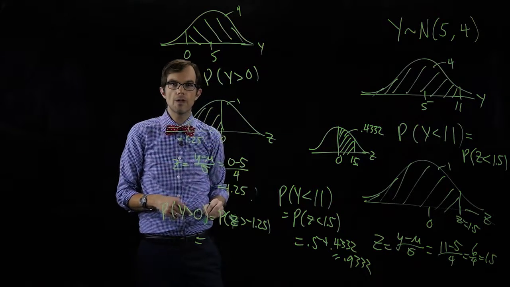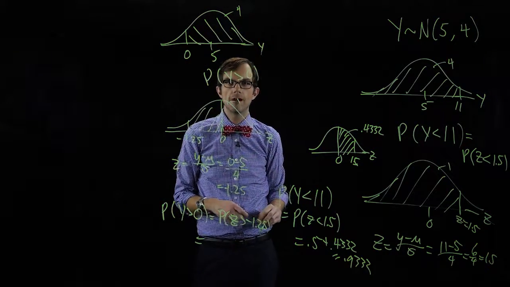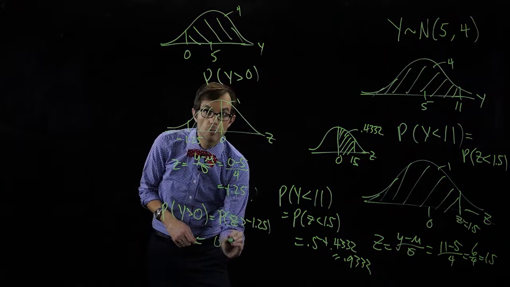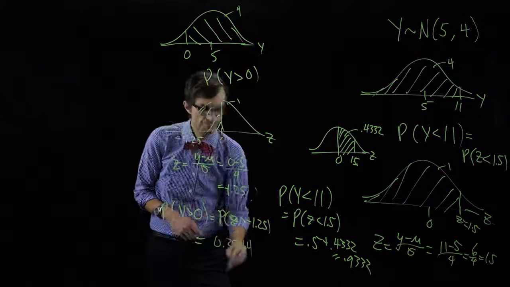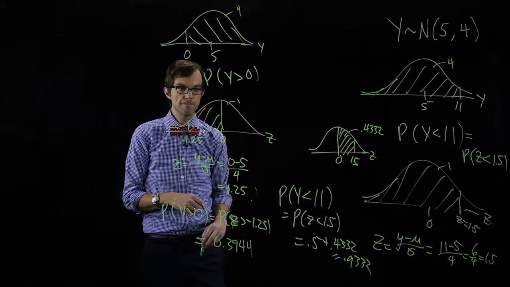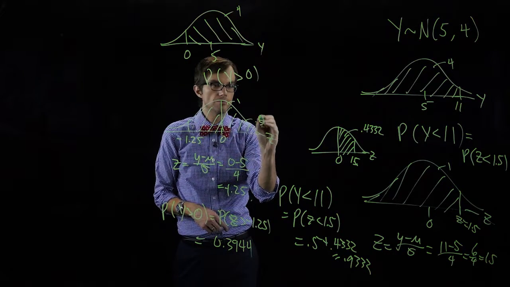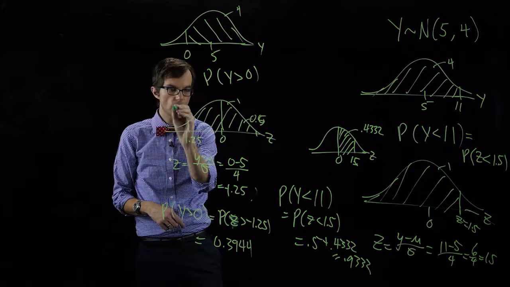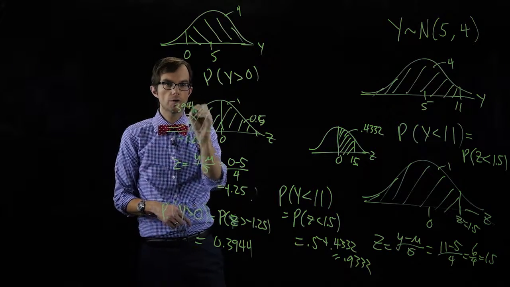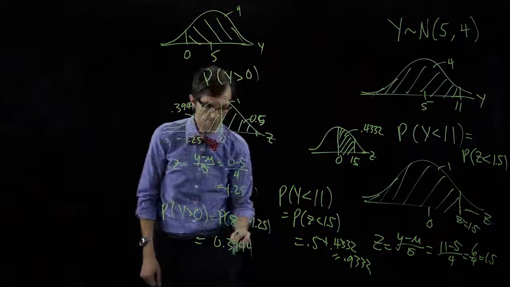If we go look that up, this area right here, in the z lookup table, we should get a value of 0.3944. And we know this area is 0.5. So this area 0.3944, this area 0.5.